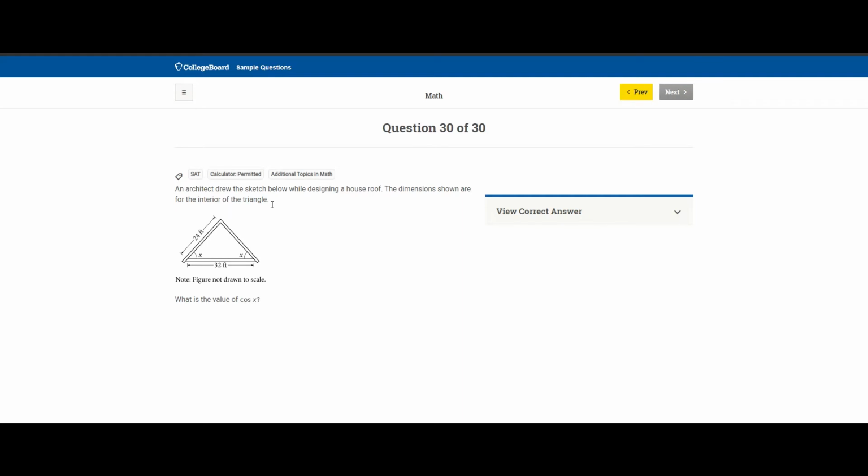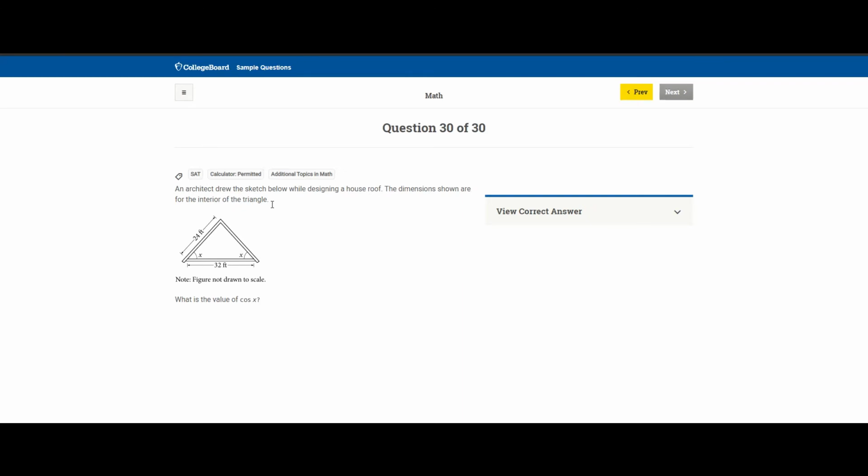So we're looking at the interior of the triangle. So it's the cosine of x. Well, it's going to end up being an isosceles triangle. So you're looking for adjacent over hypotenuse. So cosine of x is equal to 24 over 32.